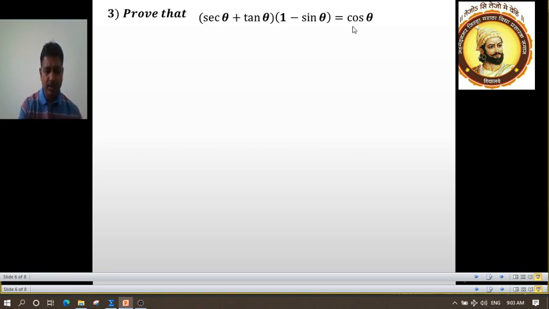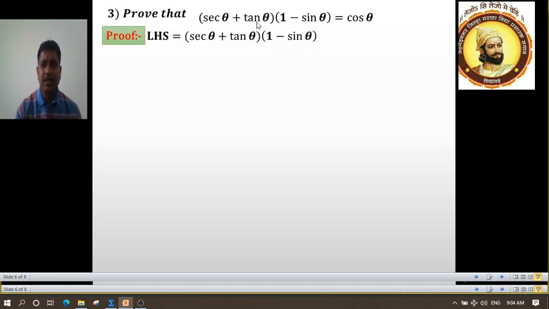We know that such types of examples can be proved by taking LHS and simplifying it to get RHS, or taking RHS and simplifying it to get LHS. Now taking LHS. What is LHS? Sec theta plus tan theta into 1 minus sin theta.